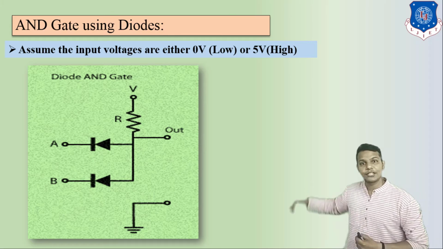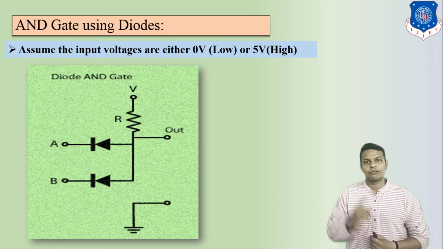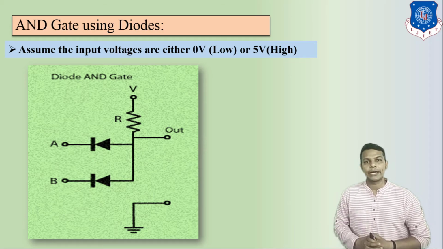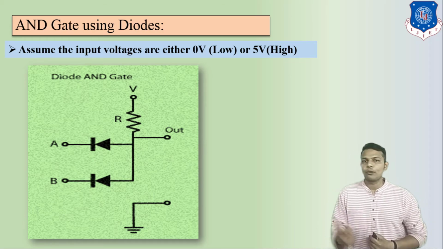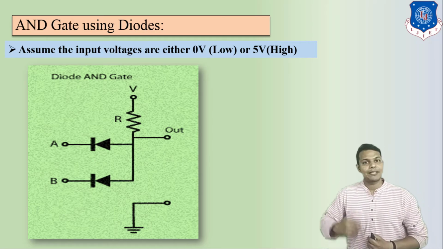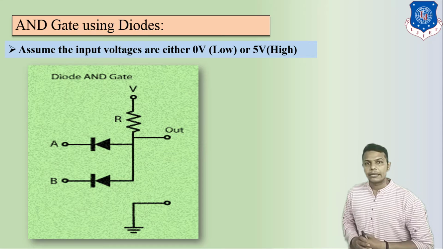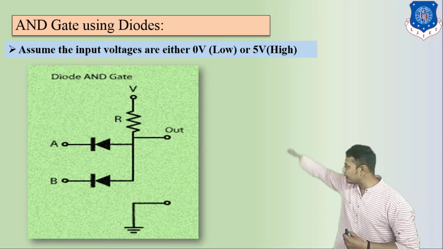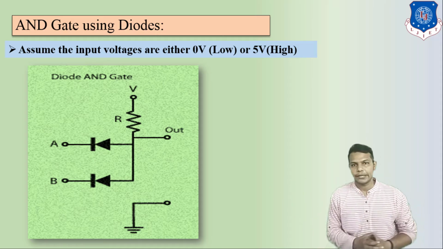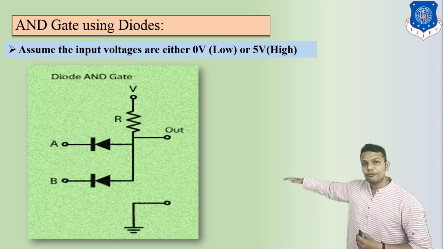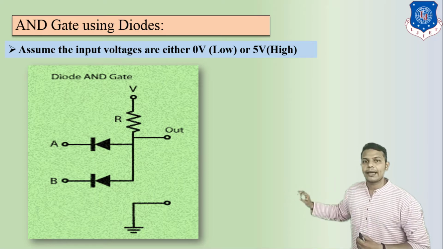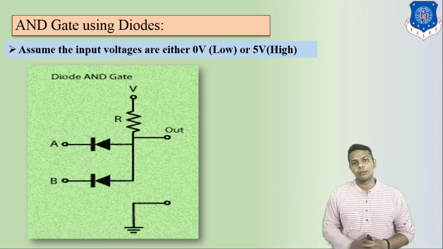Next, for 1 0, similarly there is one closed switch, so your output will again be 0. Finally, if you enter A equal to 1 and B equal to 1, that means both are high, so current does not flow to the A and B side, because the diodes become open circuited. If diodes D1 and D2 become open circuited, then you will get your output value.